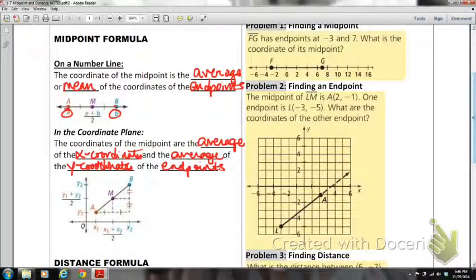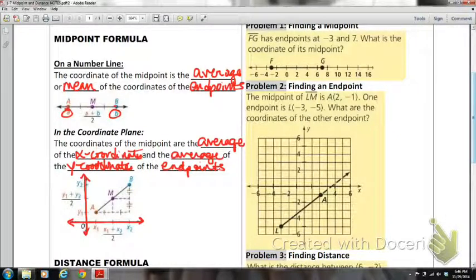So if we look here in the coordinate plane, we're really looking at two line segments. The x-axis is one line segment, and the y-axis is another line segment.